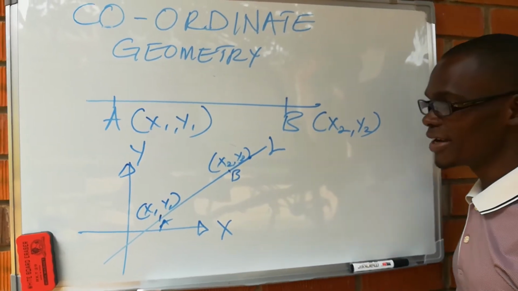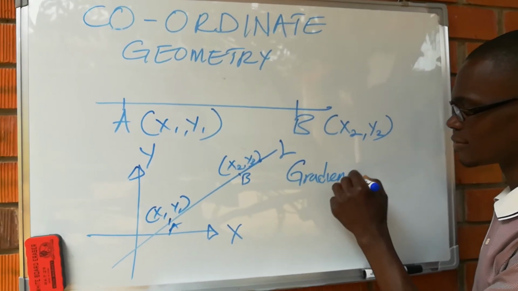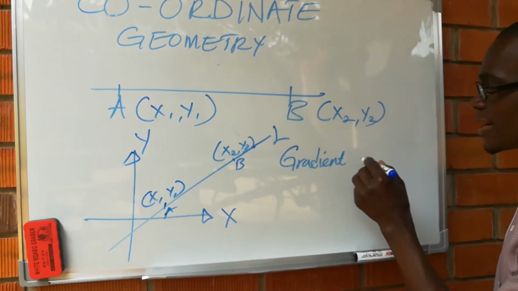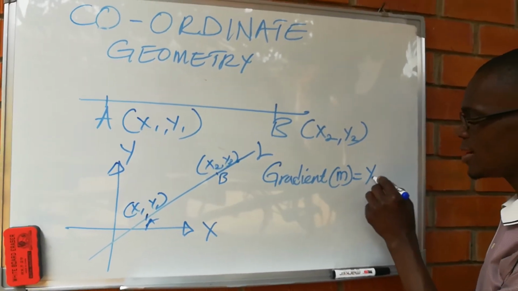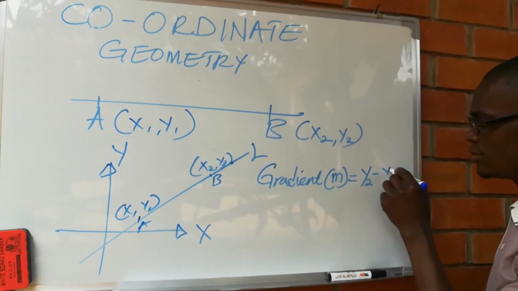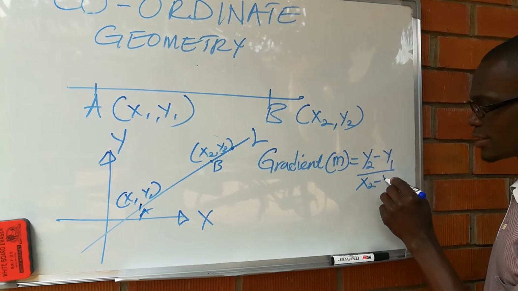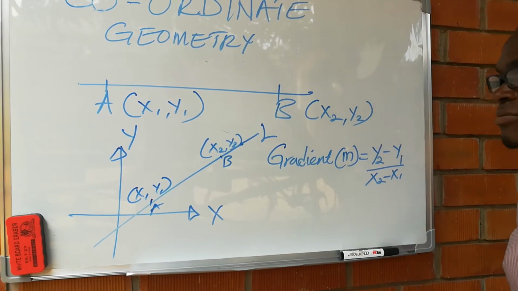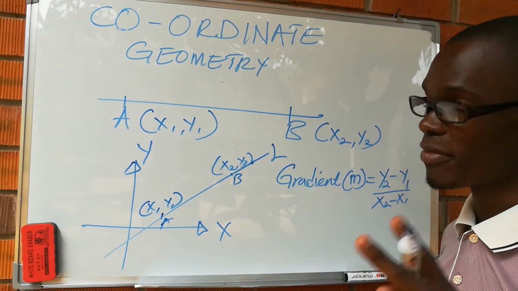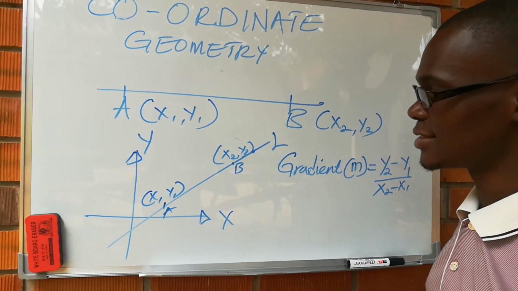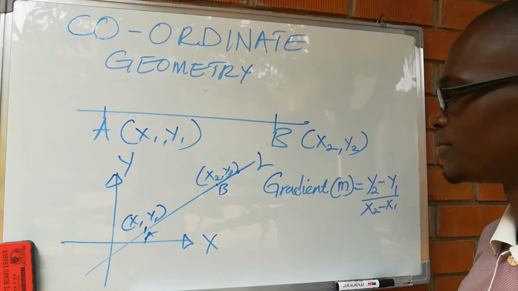The formula for finding that gradient is: gradient m is given by y2 minus y1 over x2 minus x1. Meaning that for us to find the gradient of this line, we must know at least 2 points that lie on that line.